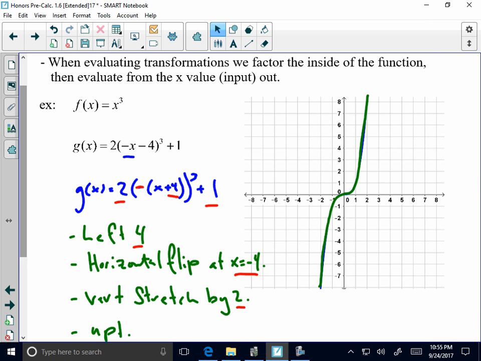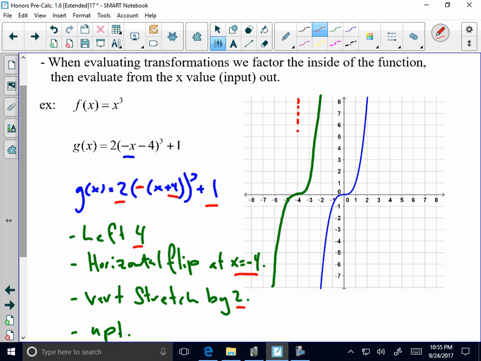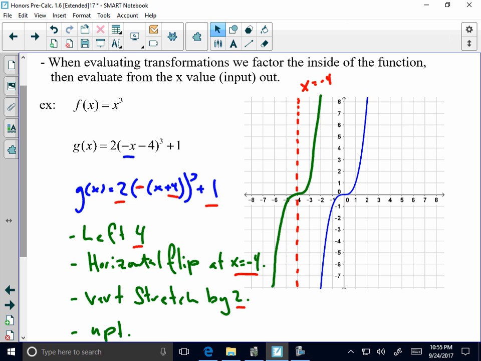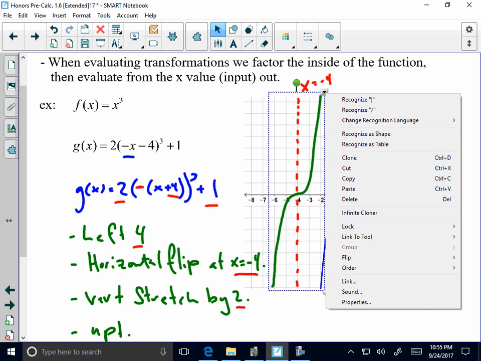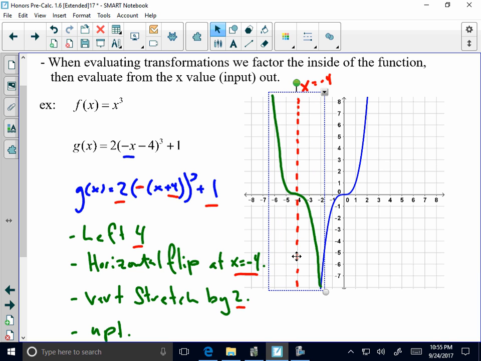Right here, first we're moving left 4, so we go left 4. And now right here, we're seeing a horizontal flip at x equals negative 4. So I'm going to highlight that and flip him left to right horizontally, which is the graph we're seeing there. And then right here, we are looking at the vertical stretch of 2.